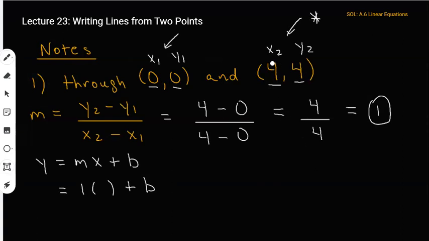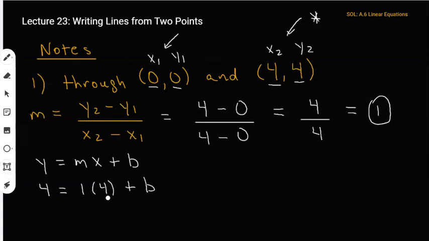Notice that my x value is 4. So in here for x, I'm going to put 4. And then notice that my y value right here is also 4. So I'm going to let this y value be 4. And now I can figure out what b is.